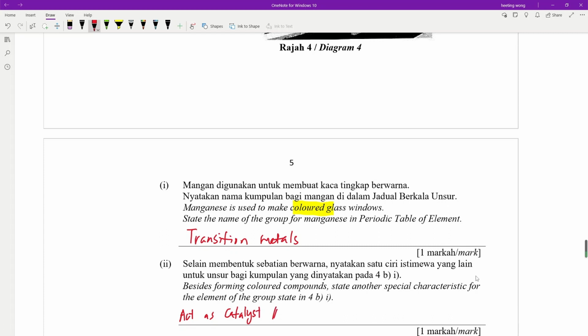It has more than one oxidation number, right? I hope you don't forget this, and then it can form complex ions. Okay, so any one of these answers can be accepted.